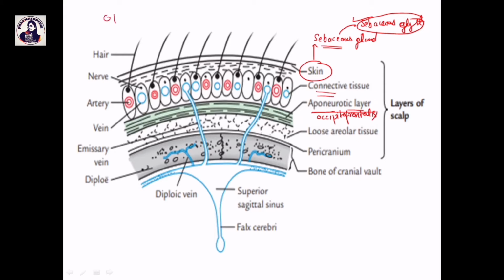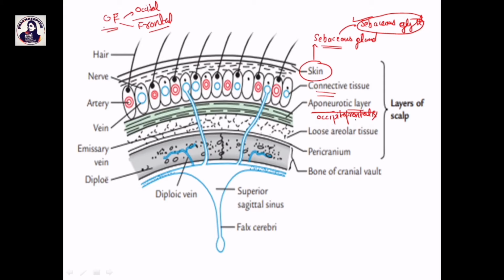I'm writing it over here. This is the occipitofrontalis muscle, and it consists of two bellies. The first one is the occipital belly and the second one is the frontal belly. So two frontal bellies and two occipital bellies are present, which we'll be seeing later on.